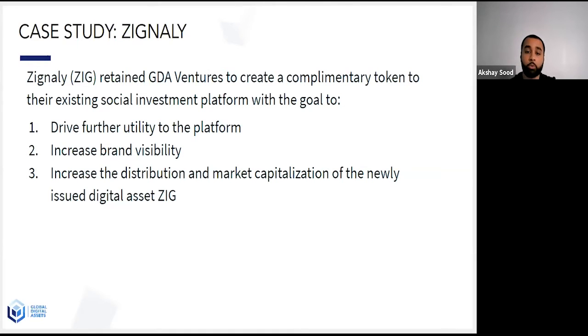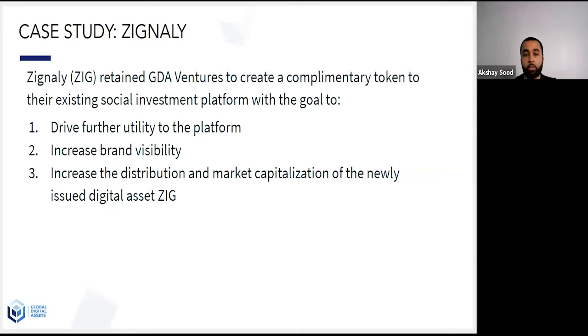So we had two problems. One, we had to identify how they were going to go to market with a token that provides utility, and two, we had to figure out how that token would work with the existing business model and not cannibalize what they already have.